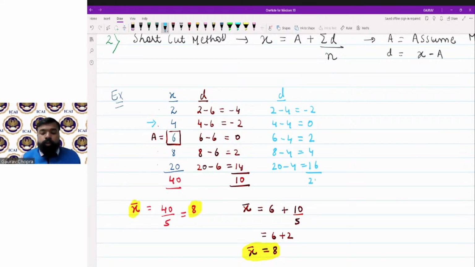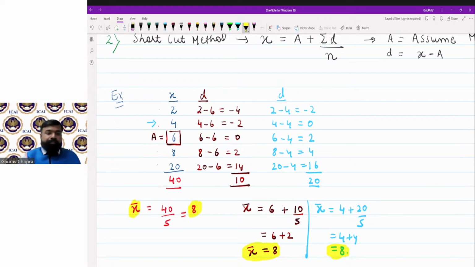Now you can see the total is 20. Again applying the formula, assumed mean 4 plus 20 upon 5. So the result is 4 plus 4, that is 8. So again we are getting the same answer. So you can assume any value. If you assume 6, if you assume 4, the answer remains the same. So there is no change in the answer.